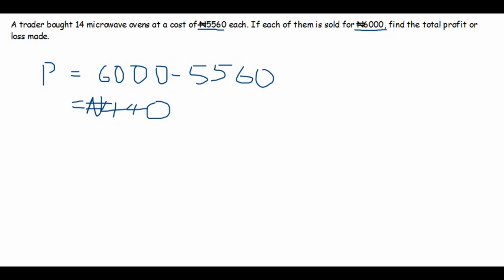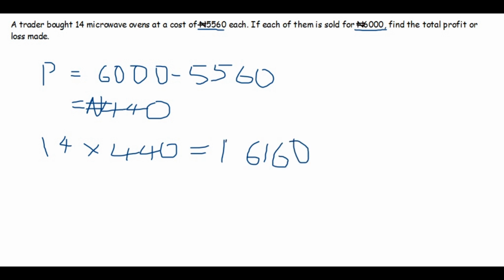So therefore the profit he will make for 14 microwaves will be 14 times 440, which is equal to 6,160 naira. So this is the answer.